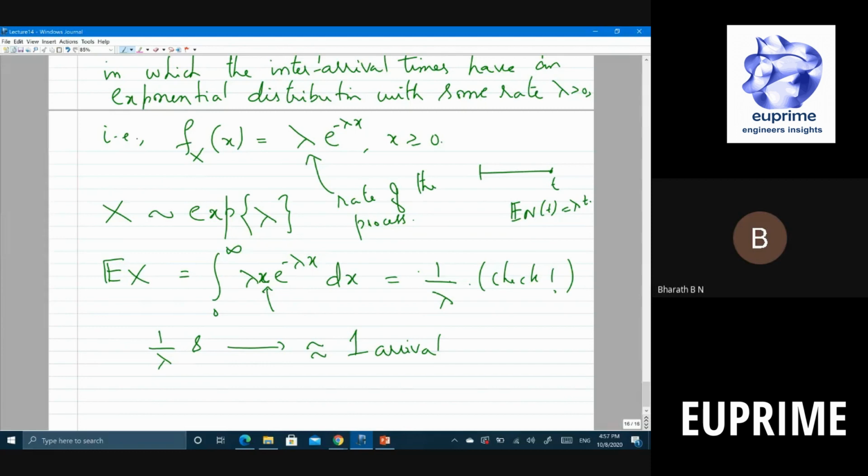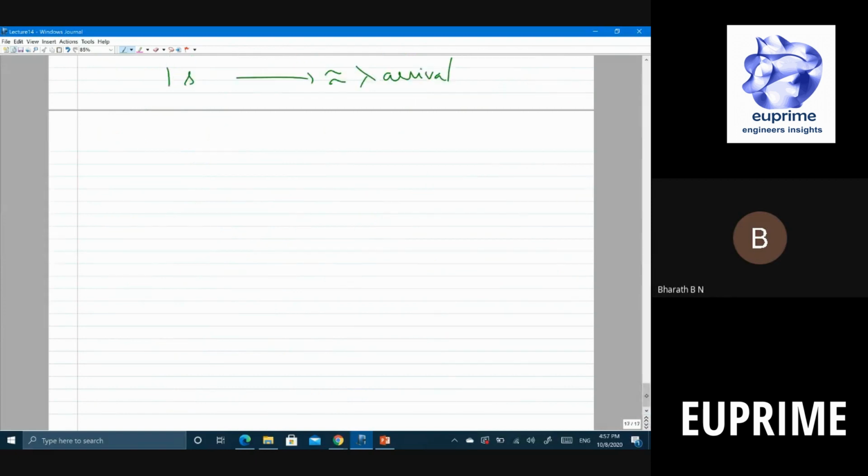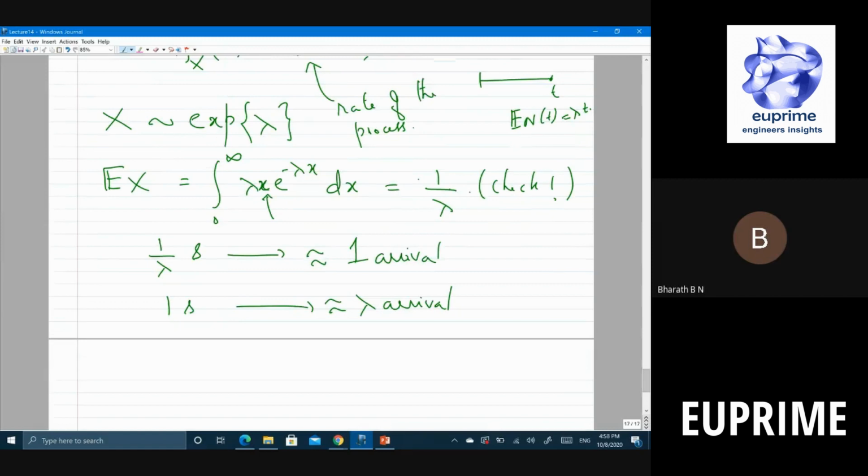Is that correct? So that means in 1 second there will be approximately lambda arrivals. Okay, these are some sloppy arguments, but we'll make this rigorous later. In t seconds, how many will be there? There will be approximately lambda t arrivals.